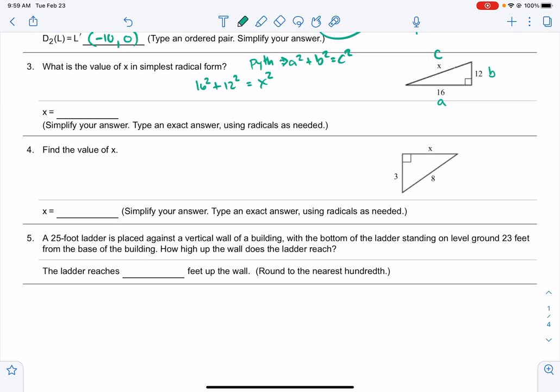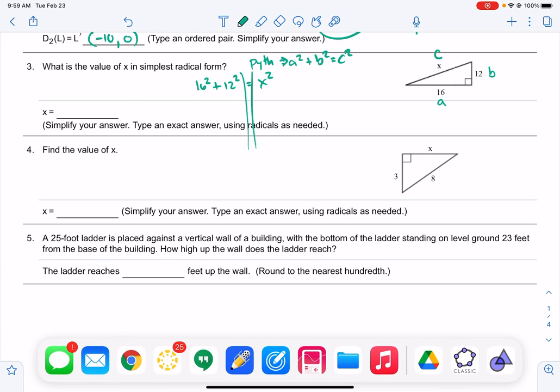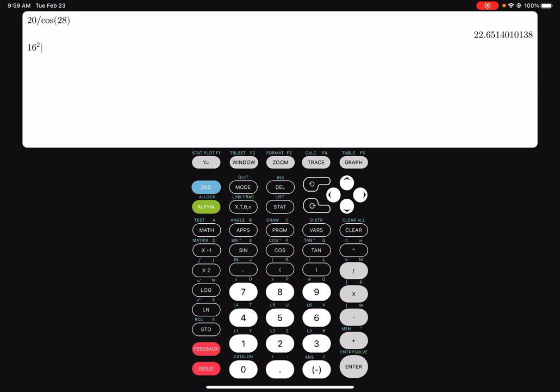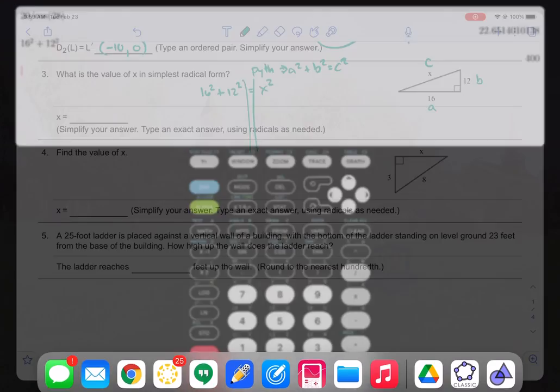And then it wants me to simplify and keep my answer in radical form. So I'm just going to railroad track to solve for x. So the first thing I'm going to do is 16 squared plus 12 squared, which, what do we got? 16 squared plus 12 squared is going to give us 400.